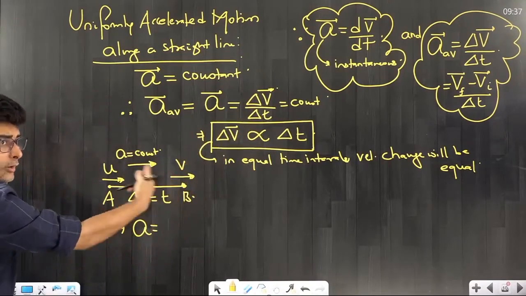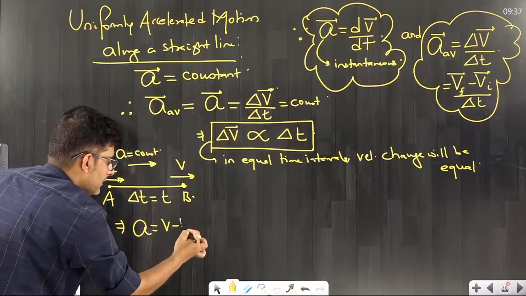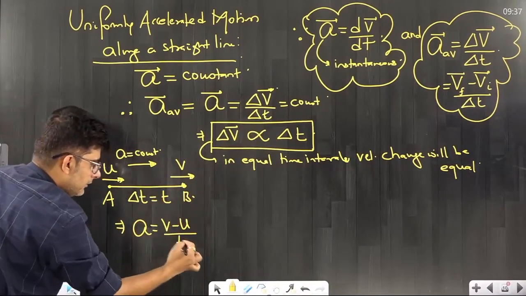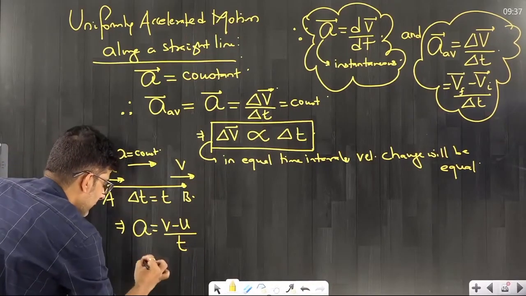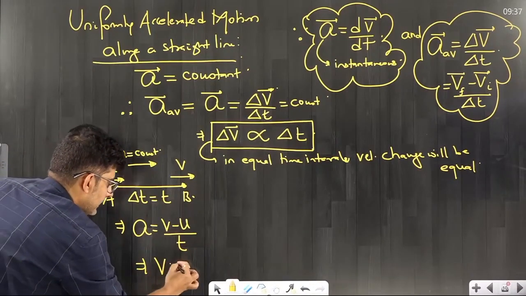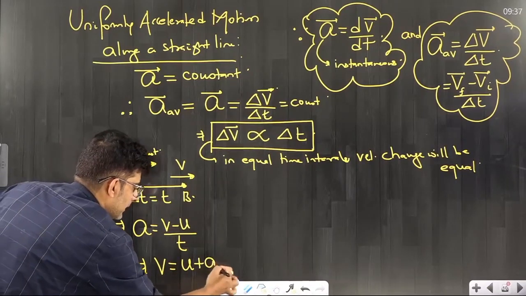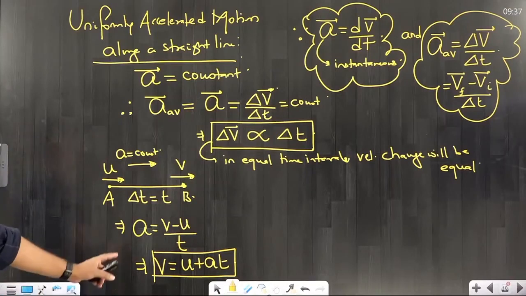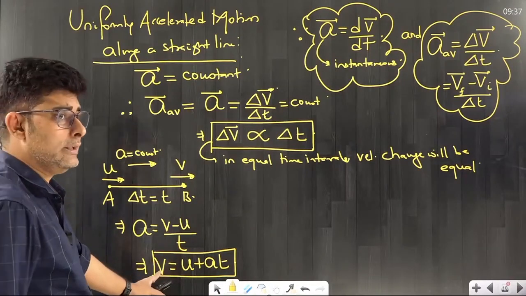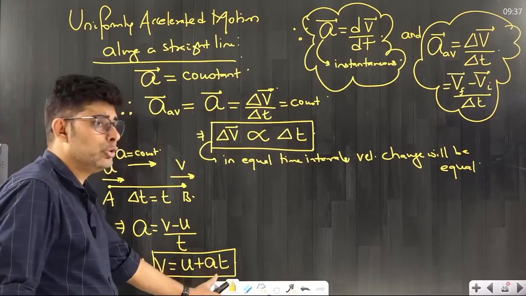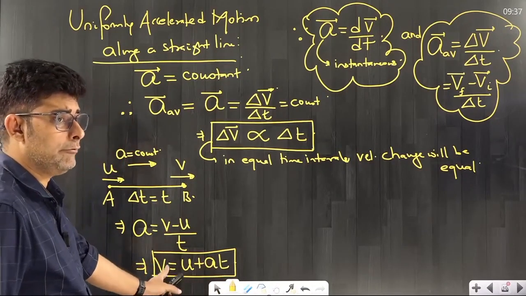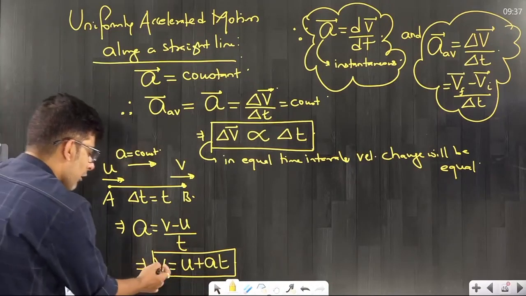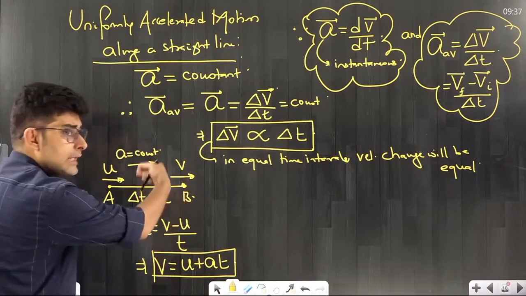What is the change in velocity you are seeing? It is v minus u. What is the time interval you are seeing? T. So from here we get a very important formula, v minus u is at, or we say v equals u plus at. This all of you would be aware of. Yes, v equals u plus at. This is the formula for finding velocity after a time interval t.